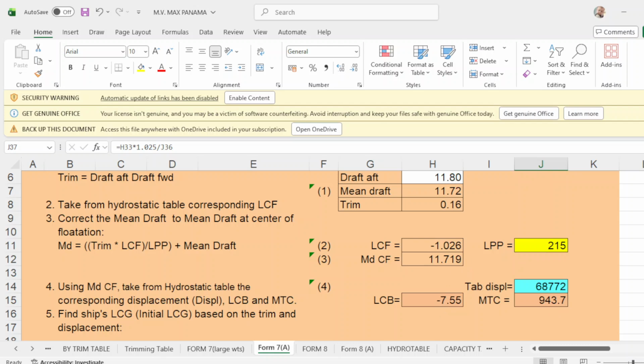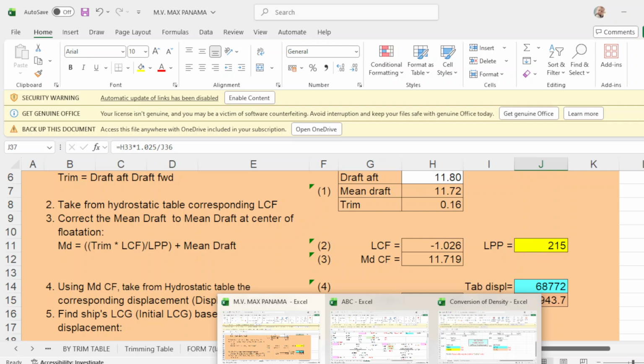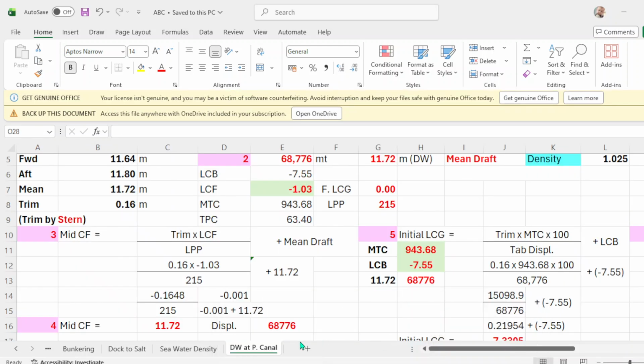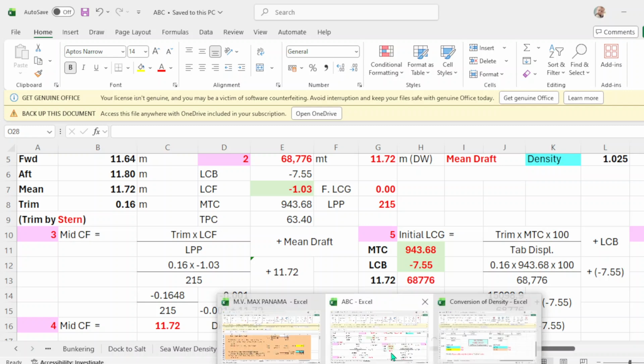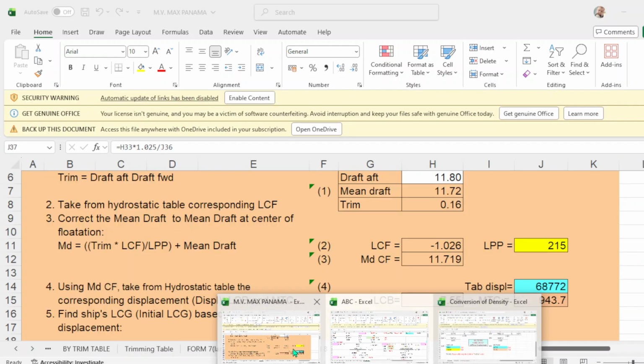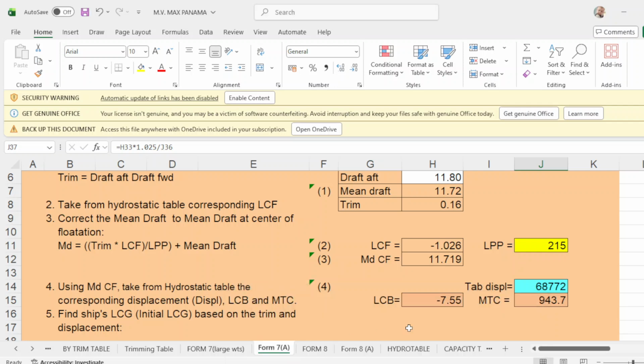So with this draft, what will be your LCB and MTC?